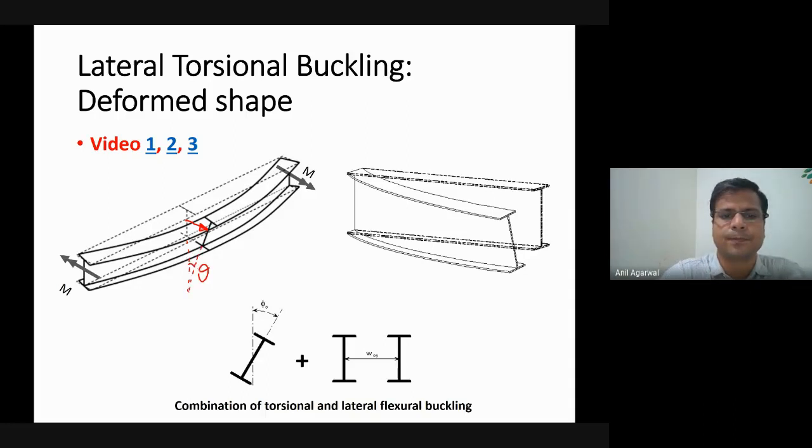This rotation is marked as phi here. So this movement can be classified as two components. One component would be W, the other component would be phi. Phi is the rotation and W is the lateral movement. And all this is in addition to the flexural deflections because of the moments.